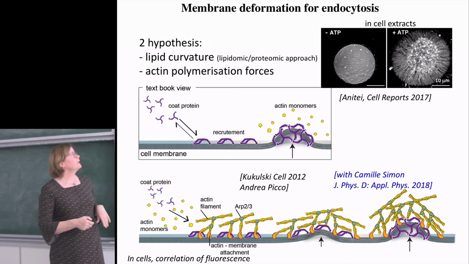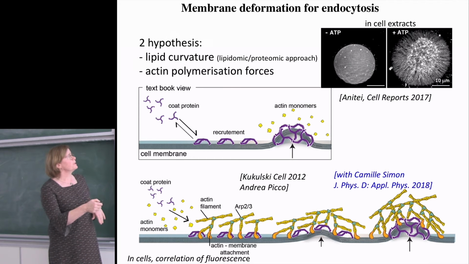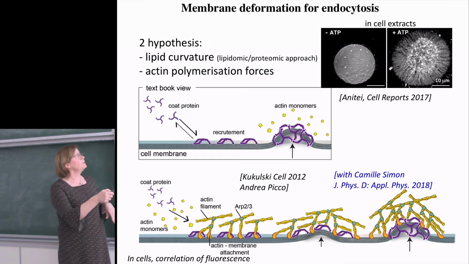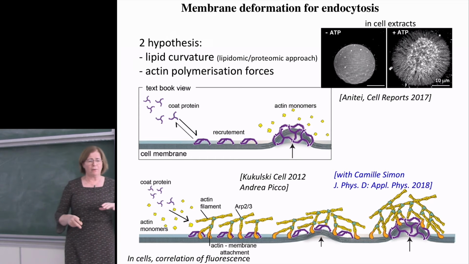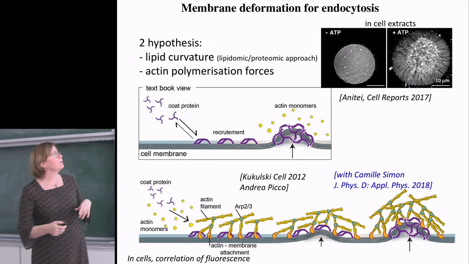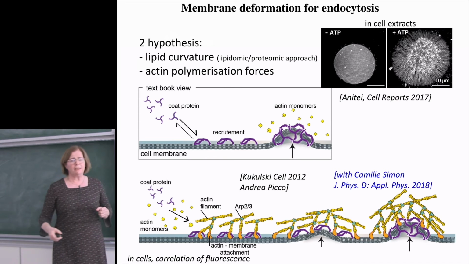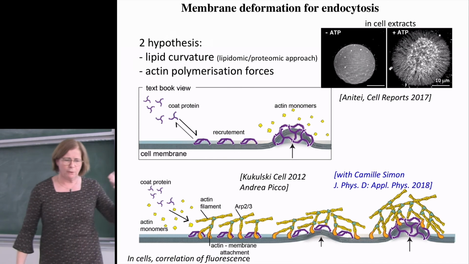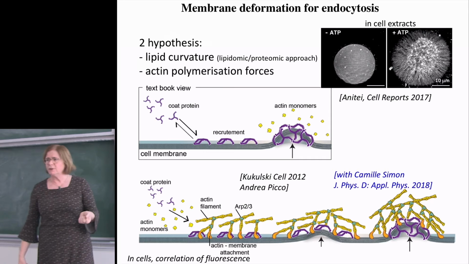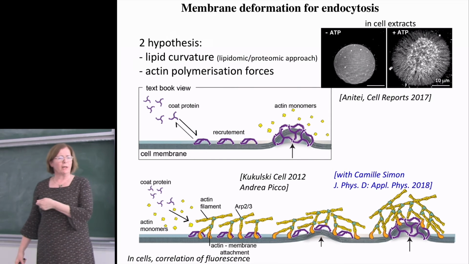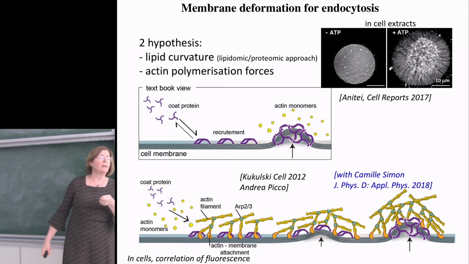And in fact, looking at the literature, there was also this experiment here. They take membranes from the inside of a cell and put them inside the cell extracts that I defined earlier. And what they see is that if they don't put ATP, so I forgot to say that for all that to work, we need adenosine triphosphate to chemically change into adenosine diphosphate.